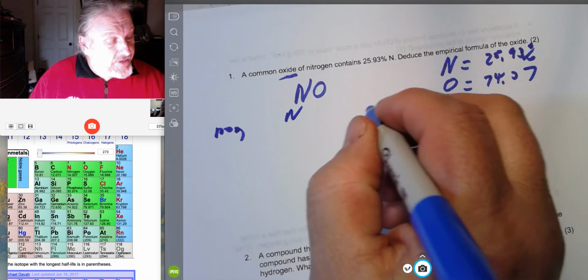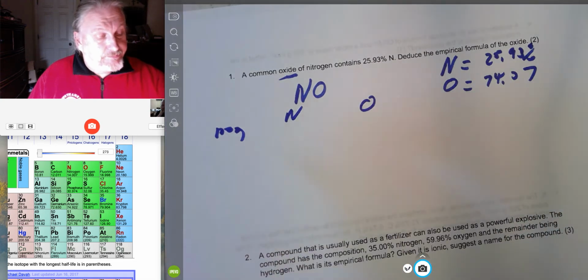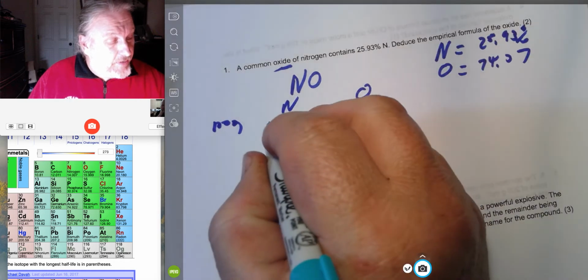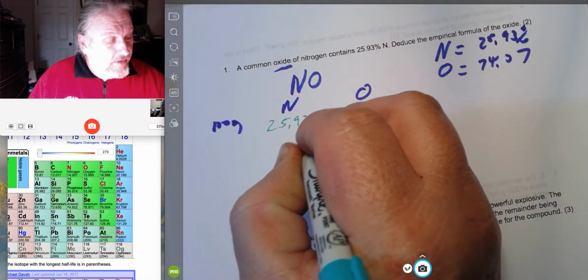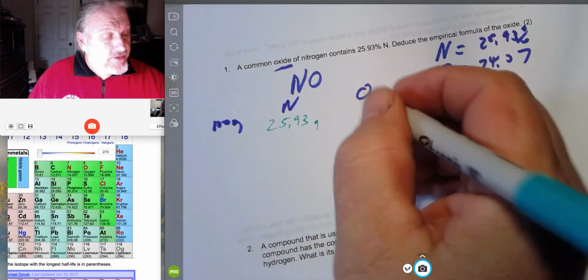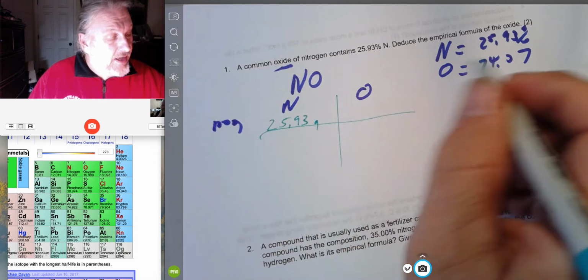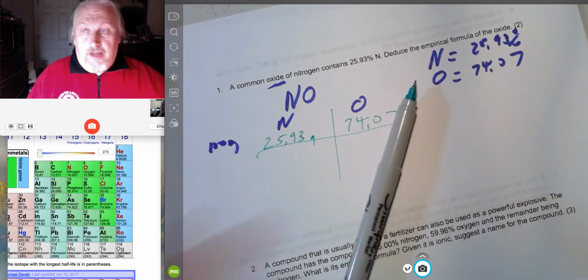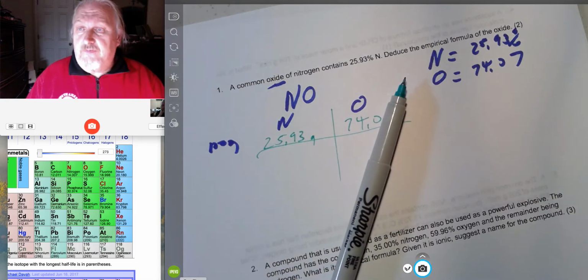All right, nitrogen. I'm going to write oxygen, right? Now nitrogen has 25.93 grams, and then oxygen has 74.07. All right, so now I need to get my formula weights, or my molar masses.